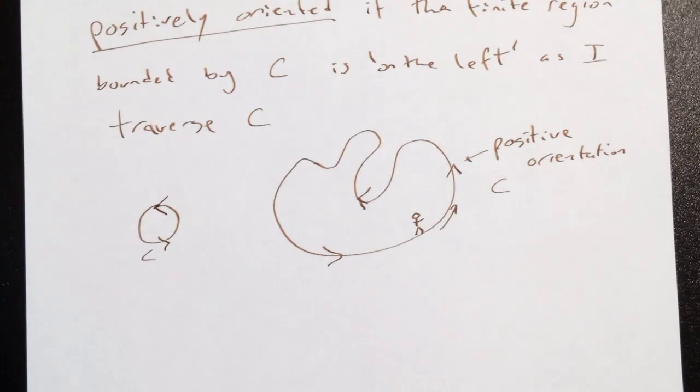Isn't that the way we define the trig functions to go around? When we say we go in the increasing direction of t, we're going counterclockwise. Same definition, we're just calling it a positive orientation. Okay, okay.